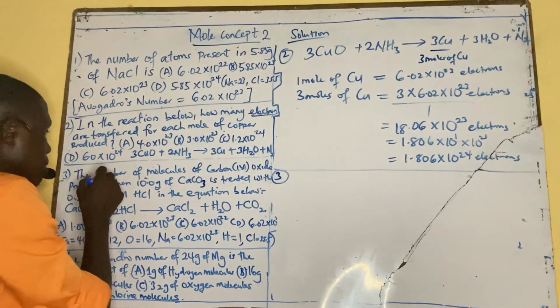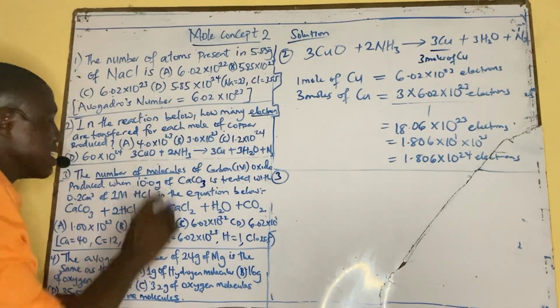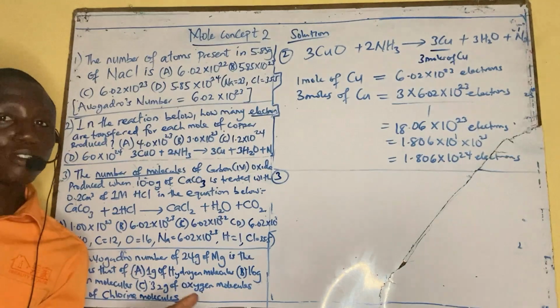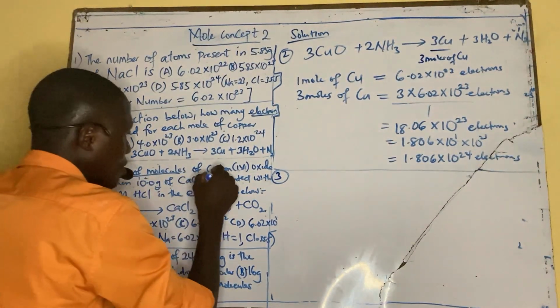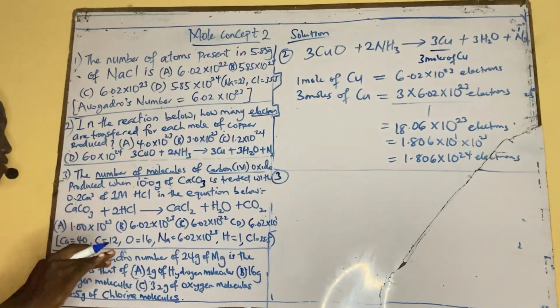Now they said number of molecules. Please note that, number of molecules. So we are going to use Avogadro's number because of the number of molecules of carbon 4 oxide.